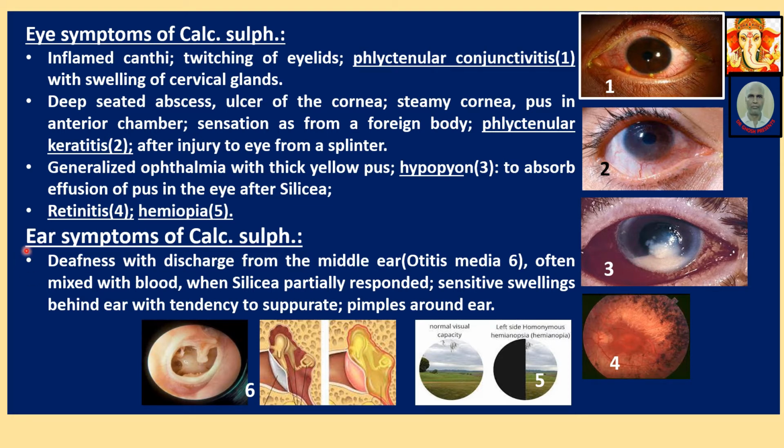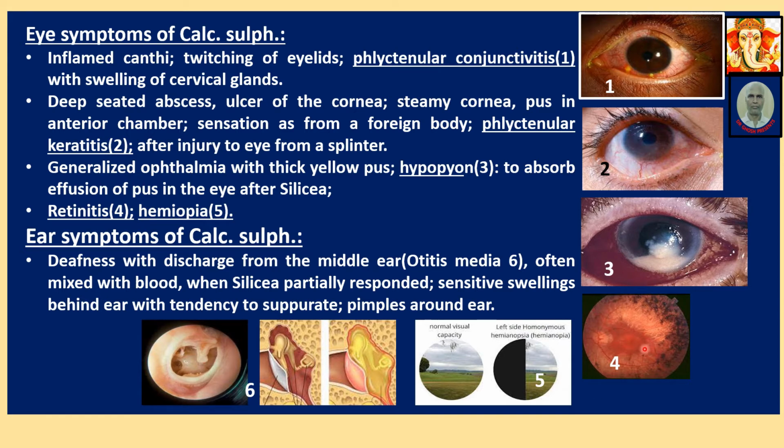Now here are symptoms of Calcarea Sulph: deafness with discharge from the middle ear, otitis media. No, sorry, retinitis. This is retinitis. This you cannot see with open eyes. This is the ophthalmoscopic view of the retina. This black area is retinitis seen here.